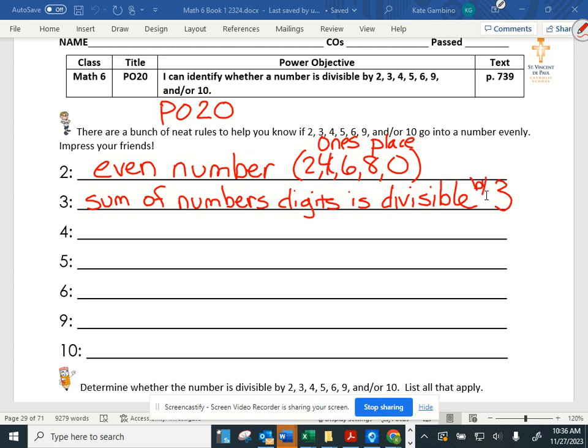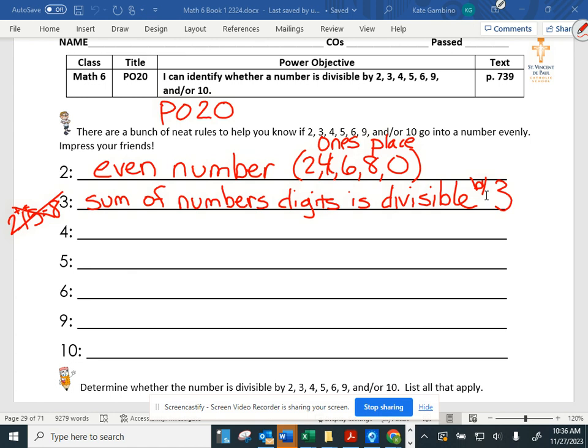So if our number was 215, we would add up 2 plus 1 plus 5. That equals 8. 8 is not divisible by 3. So we know right there, not divisible by 3, because we added up all the digits in the number. So that's one where we have to do the adding.